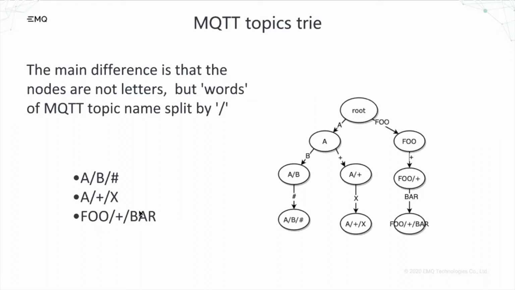For example, foo itself is a node. So if we want to look up a foo/+/bar topic, we go through the branches of the tree to reach the leaf node, which means there is a hit.